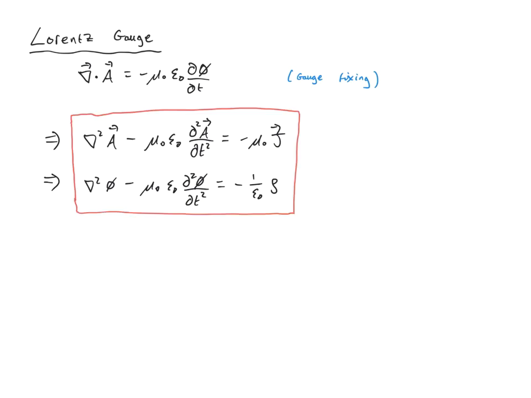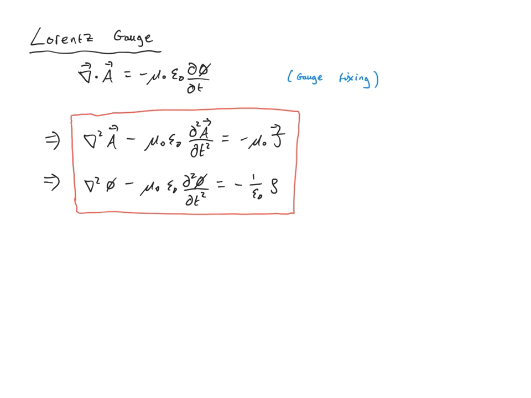The first equation is a vector equation, so there's actually 3 equations hiding behind here, whereas the second equation is a scalar equation. And so in the end, we have 4 inhomogeneous wave equations for the potentials in terms of the source fields J and rho. So this is a nice simplification.